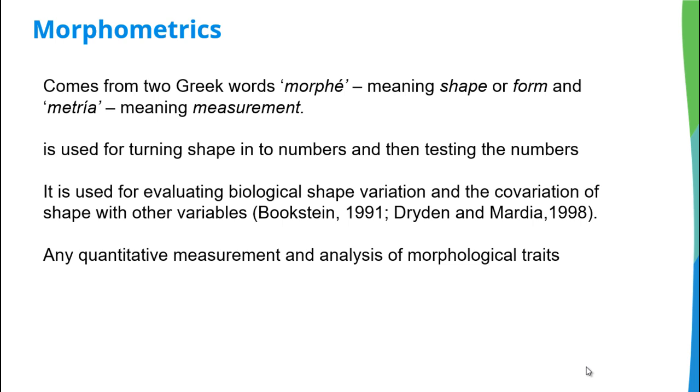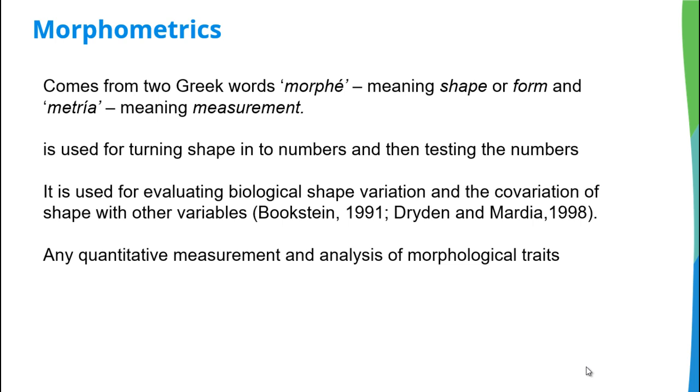So the metrics aspect of it is numbering: turning the shape into numbers and testing the numbers. It is used for evaluating biological shape variation and the covariation of shape with other variables.